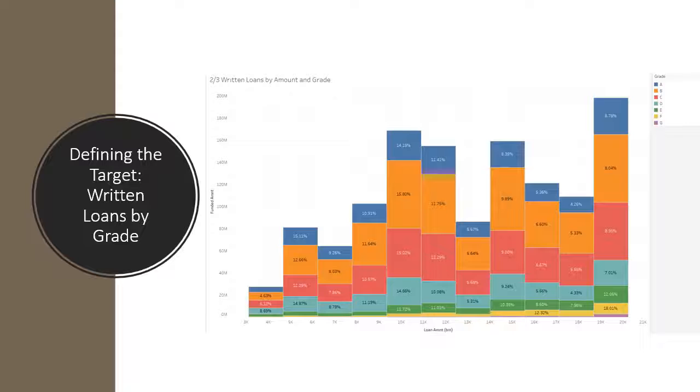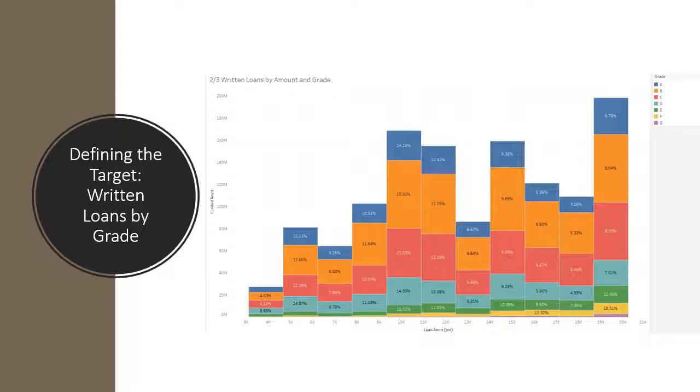Again, starting with the bar graph, excluding any loan amounts that were written over $21,000 or below $4,000, we can see that the graph is now colored by the loan grade. The majority of the loans written were graded D or better.